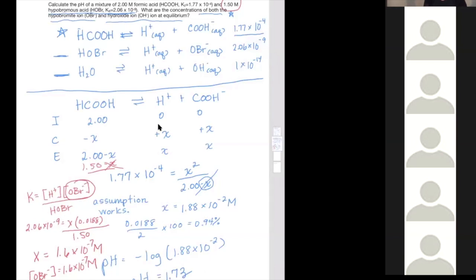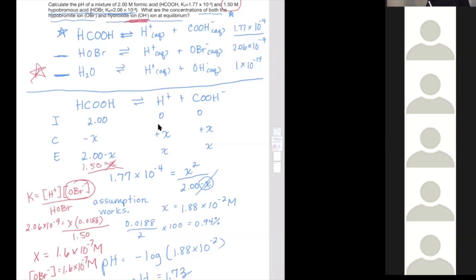Now, we're not done. We still have to calculate the hydroxide ion concentration. So we're going to this equation here. But we have a little bit easier calculation here. Remember, pH plus pOH equals 14.